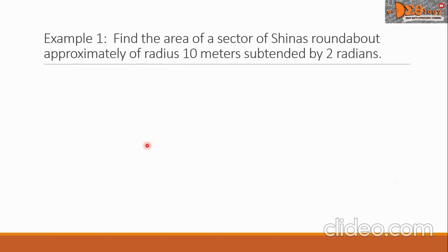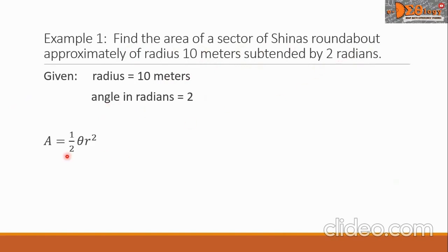Let us have examples. Example 1. Find the area of a sector of Shinas roundabout, approximately of radius 10 meters, subtended by 2 radians. Given is the radius, that is the 10 meters, and the angle in radians is 2. Using our formula A equals 1/2 theta r square, we will now substitute the values.